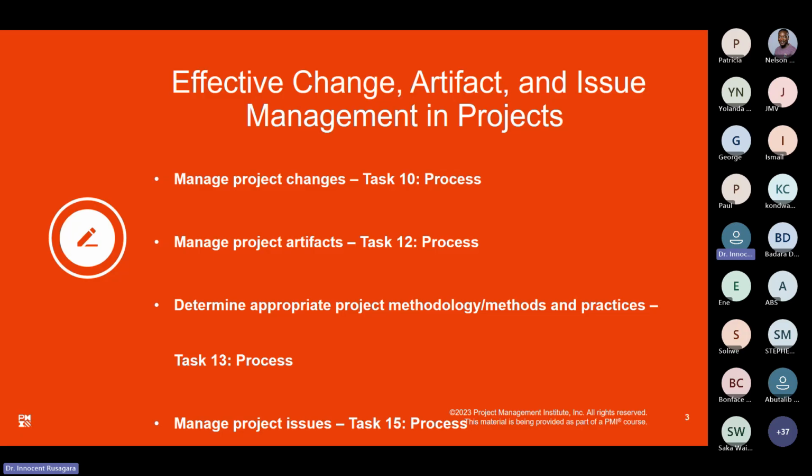Then manage project issues: you should be able to differentiate issue, risk, and constraints. A risk is something probabilistic. It may happen or may not happen. But when the risk is now happening, is arising, now the issue comes.